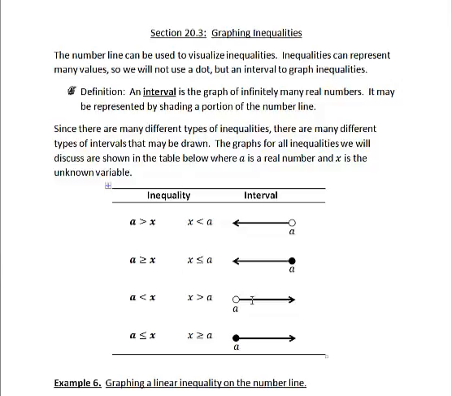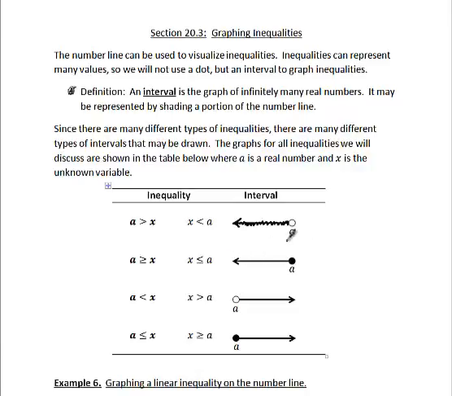As the table here suggests, we're going to locate a particular number a in reference to the inequality, and then we're going to shade an area. You can draw a bold line, or you can scribble out the area that satisfies the inequality like this, and then just put an arrow on the end of it. Either way, there's going to be several numbers on the number line.